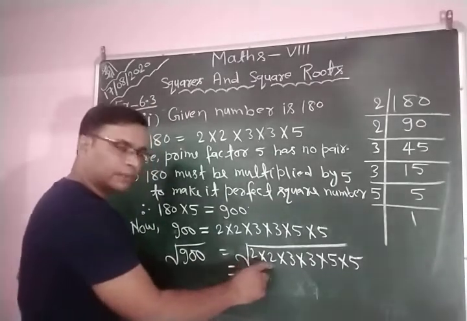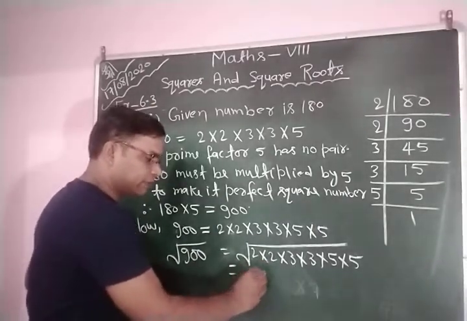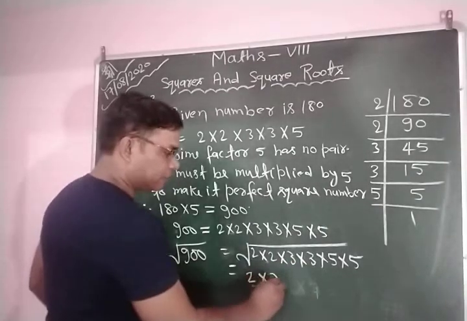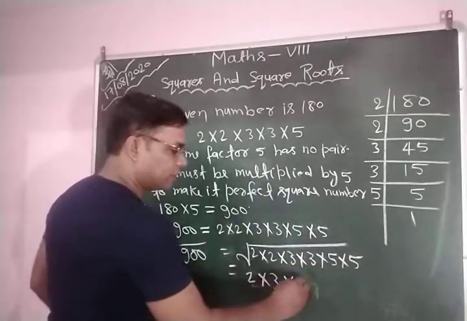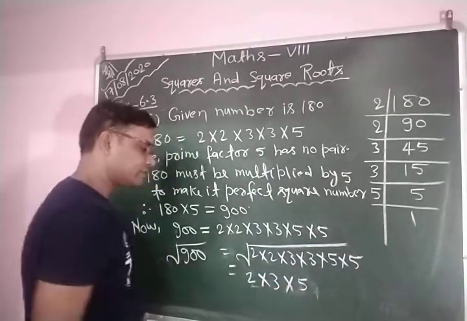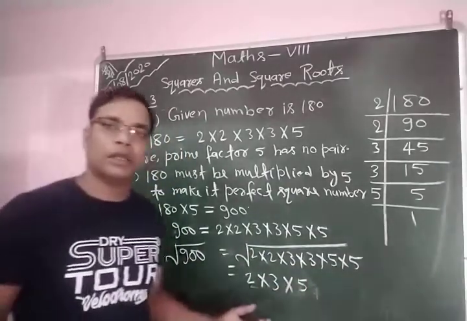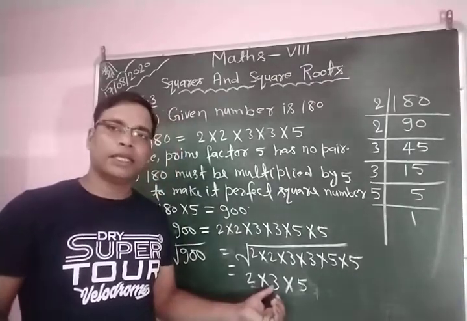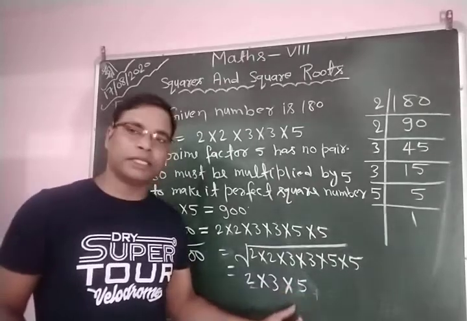Here this is a pair of 2, so we take one 2. Here this is a pair of 3, again we take one 3. And here this is a pair of 5, we take one 5. So in this way you can see 2 times 3 is 6, 6 times 5 is 30.